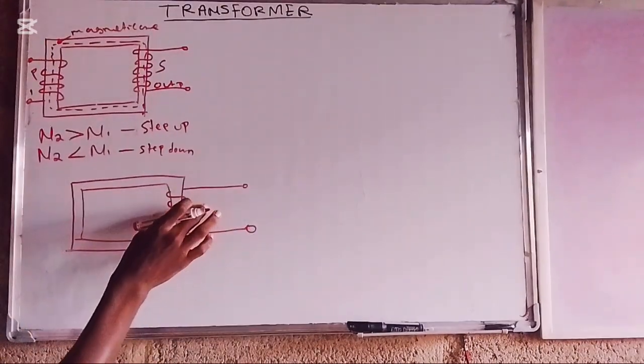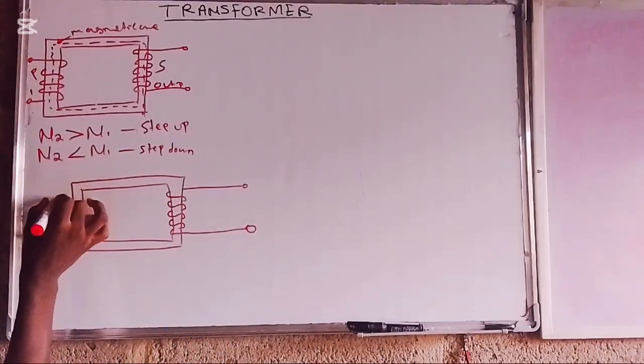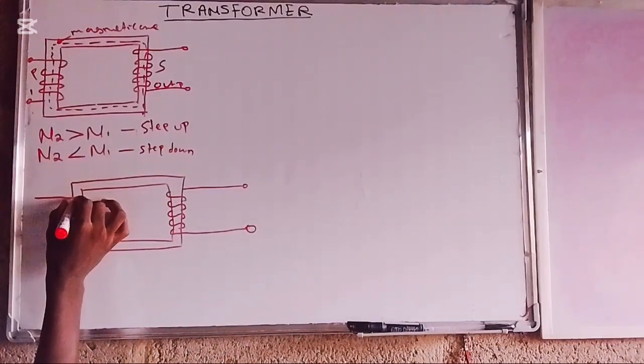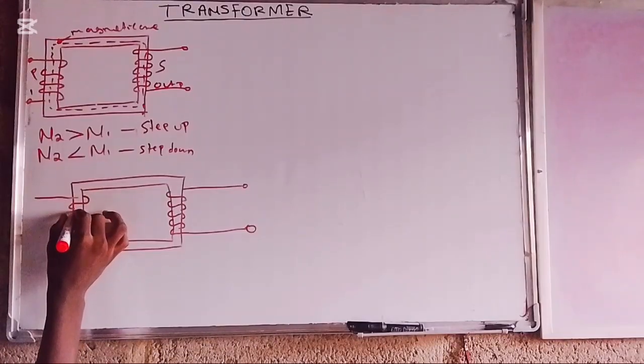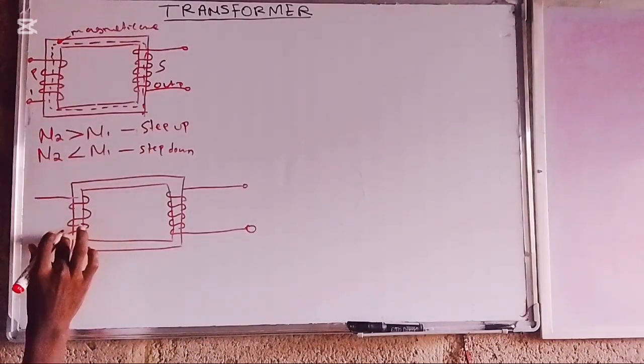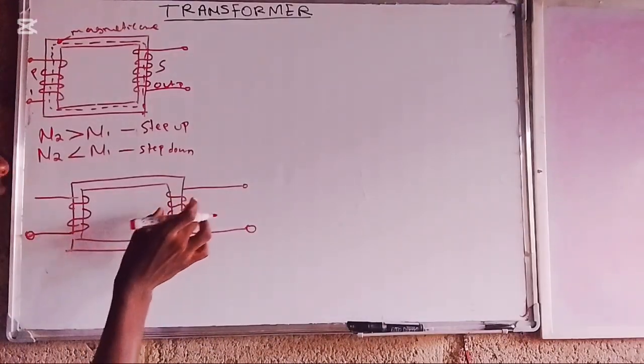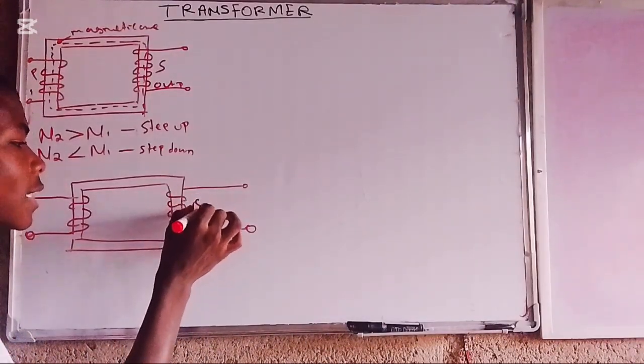As you can see, the number of secondary turns is greater than the number of primary turns. So let's say this is the number of primary turns. Let's select this.